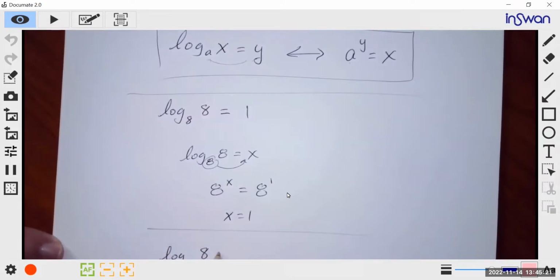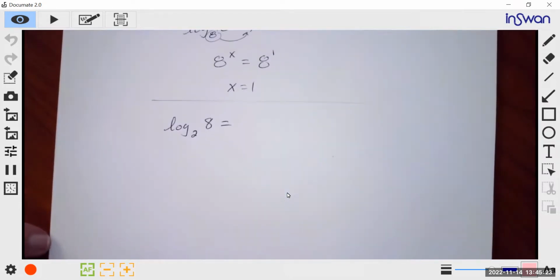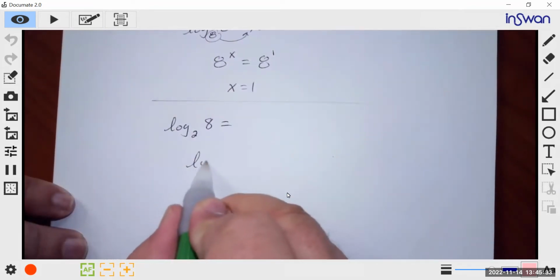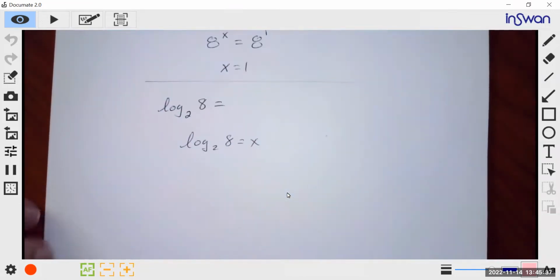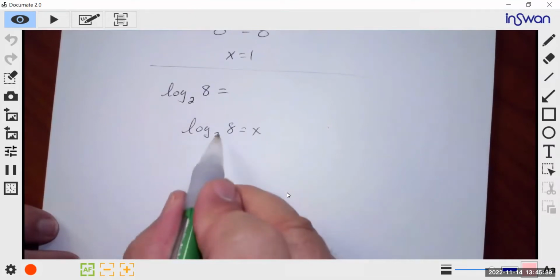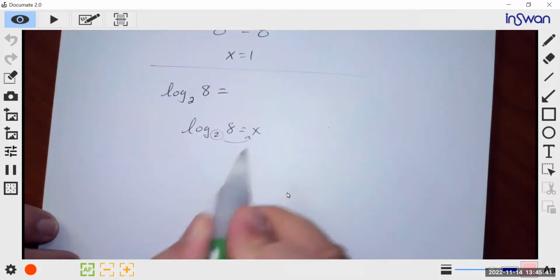Log base 2 of 8 equals X. Take the base.